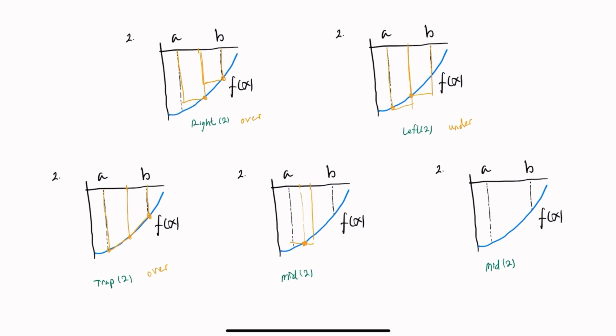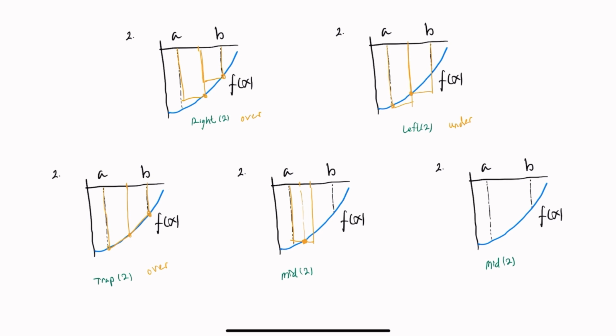And then I'm gonna do the same thing for the second rectangle. I'm gonna mark the midpoint in the second rectangle until I hit the curve in here, and then I'm gonna draw a straight line, and then I'm gonna connect that line. That's mid of 2.